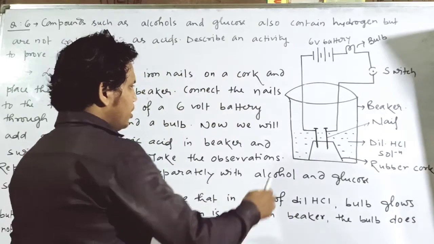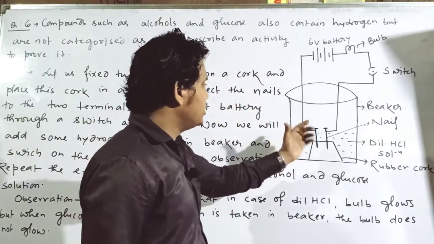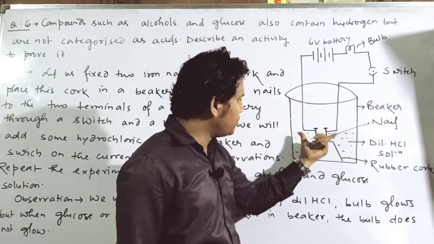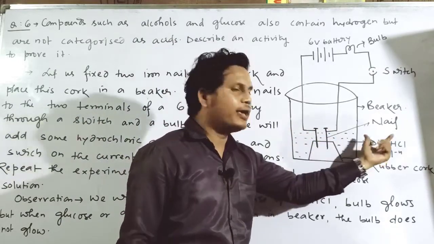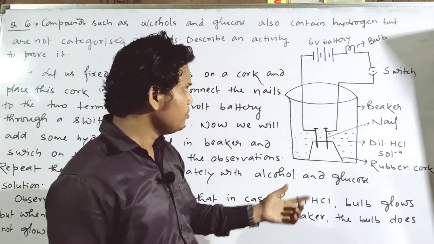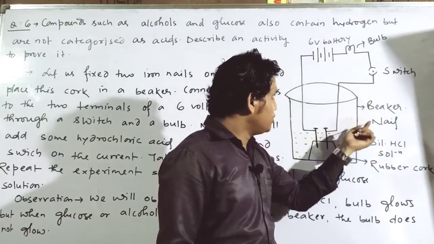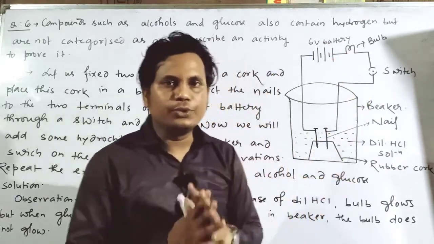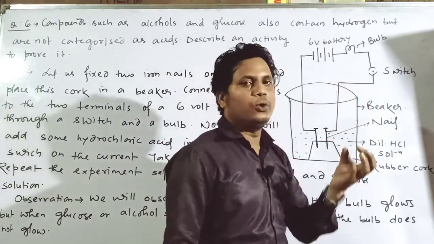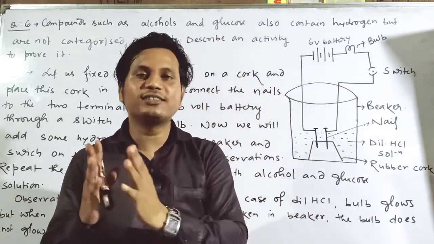If we take dilute hydrochloric acid solution in this beaker and then switch on, it is observed that the bulb is glowing. Bulb glows, means electricity is conducted.